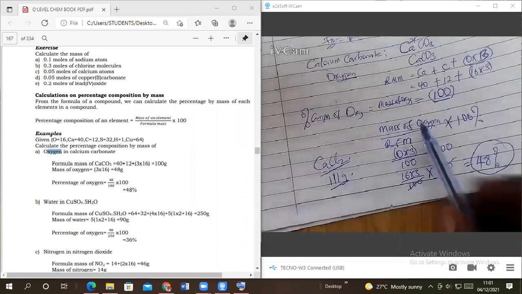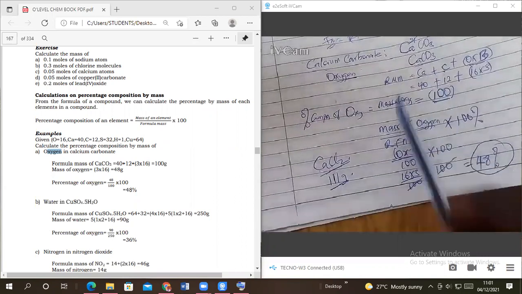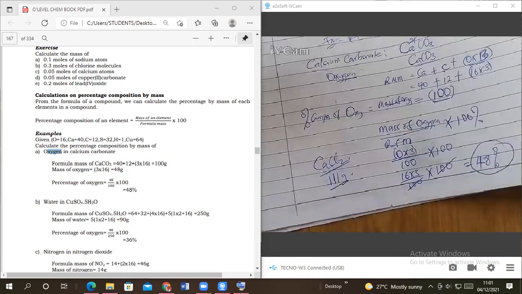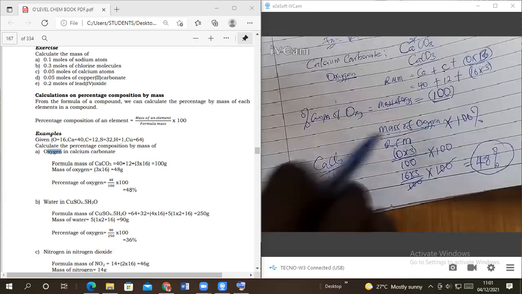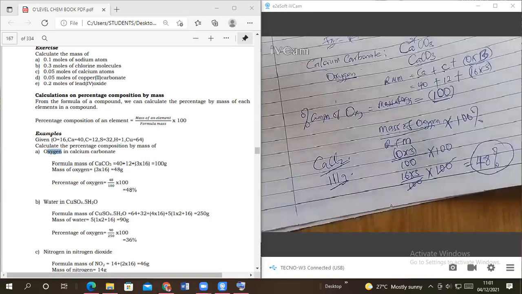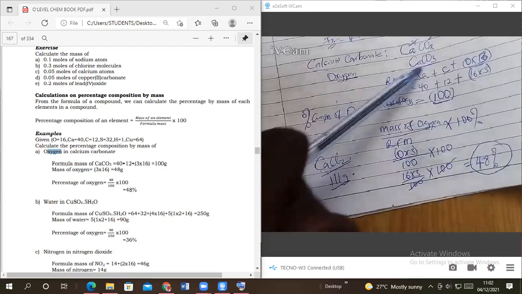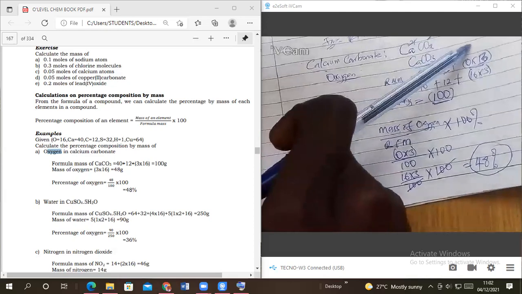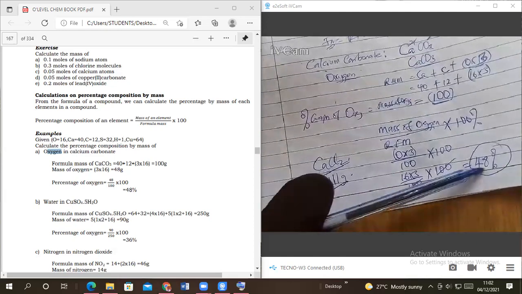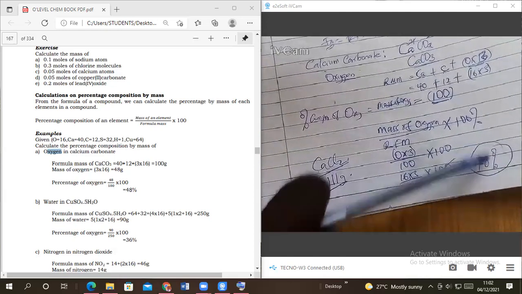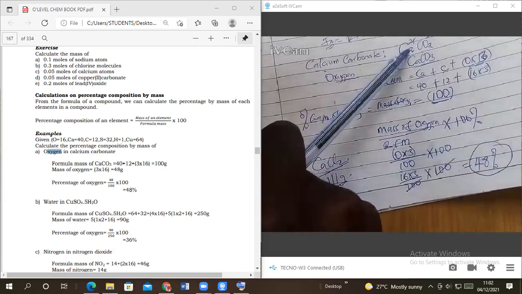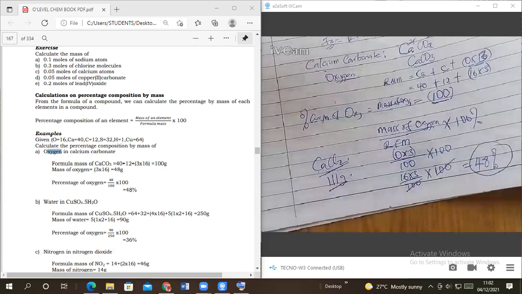So what is the percentage of calcium in calcium carbonate? This is for oxygen. What about the percentage of calcium? When you add up all the individual components in a given compound, the masses total to the relative mass of that compound. So if oxygen is 48%, what is the percentage of calcium?